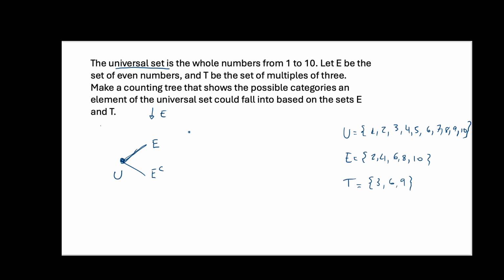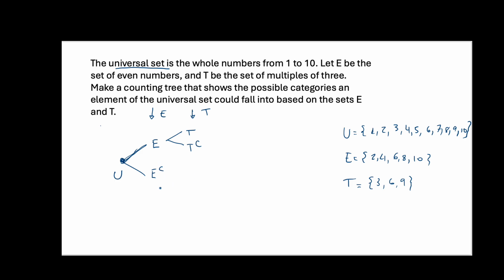Then you skip automatically to the next branching layer, where we ask a question about the other set that we have: is it a multiple of 3 or not? It doesn't matter if you're sitting in the even set. If your element is even, it could still be a multiple of 3 or not.